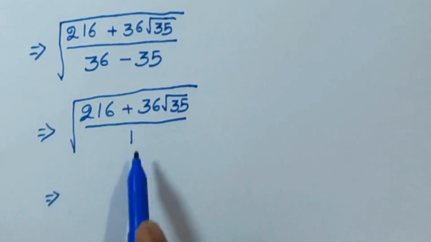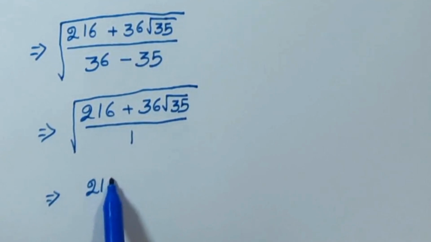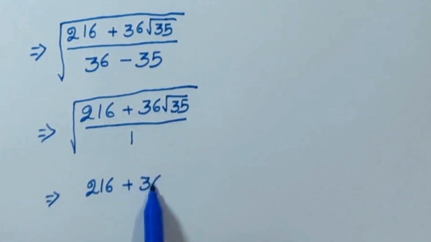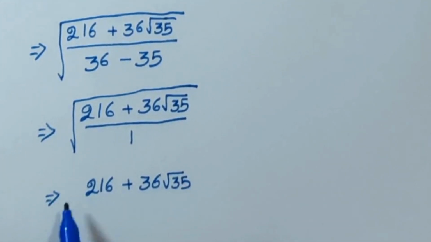Now this is 1, so we can consider 216 plus 36 square root of 35.